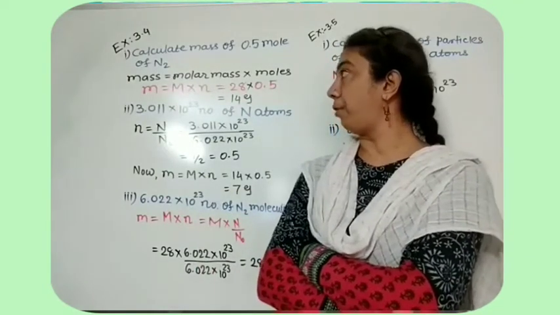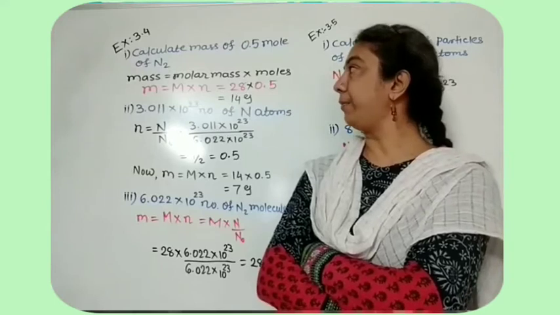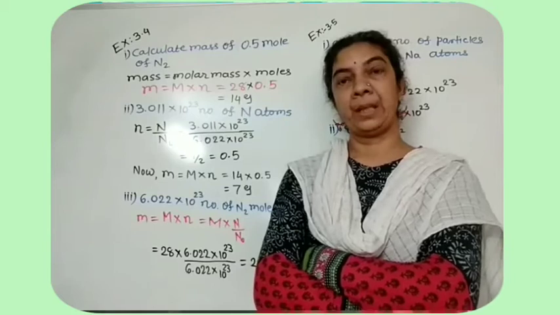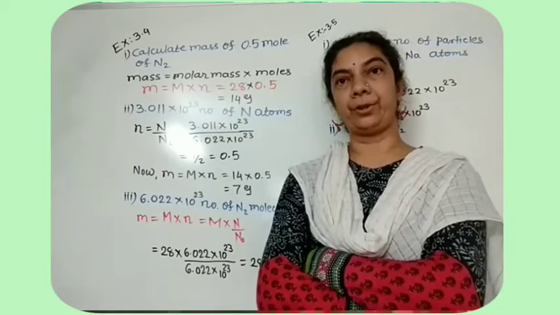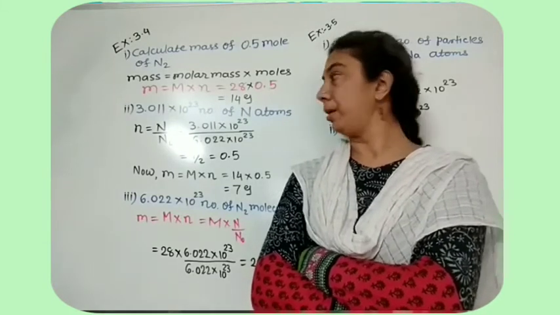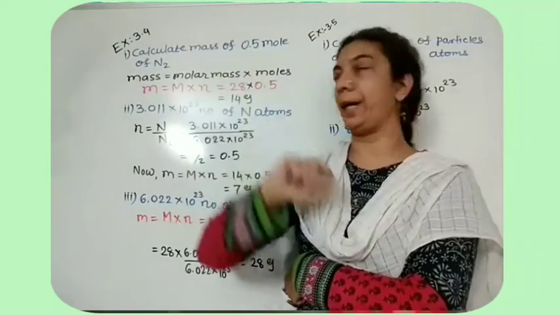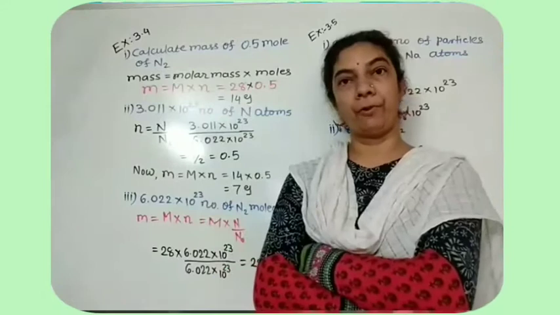We have the formula mass equals molar mass into moles. Molar mass of nitrogen is 28. So 28 multiplied by 0.5 will give us 14 gram.